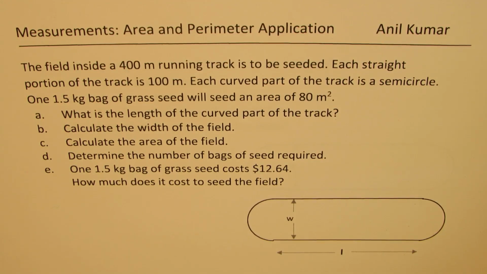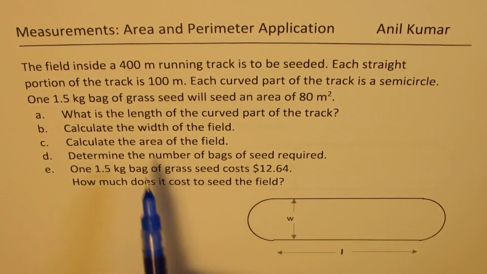The question here is, the field inside a 400-meter running track is to be seeded. Each straight portion of the track is 100 meters. Each curved part of the track is a semicircle. A 1.5 kg bag of grass seed will seed an area of 80 meters square. Based on this information, we have 5 questions to answer.